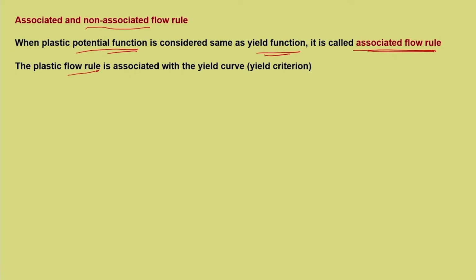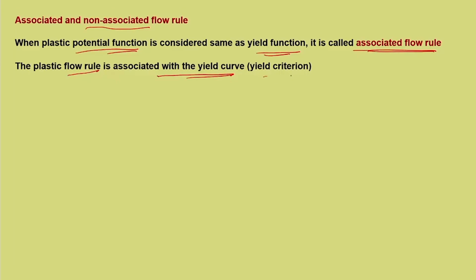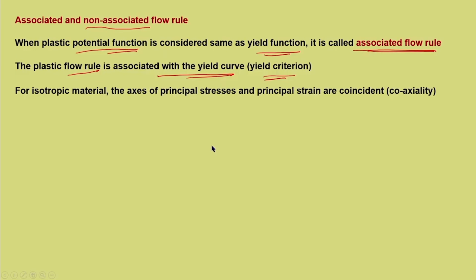The plastic flow rule is associated with the yield curve. Now, it makes our life very simple, because we need to work with only one function, and the remaining things are known, like how to evolve the plastic strain. Of course, I am not discussing that in this particular course, but the definition of plastic potential is important. So, we have already done that in the case of associated flow rule.